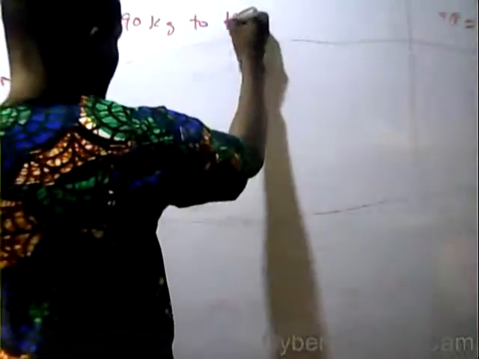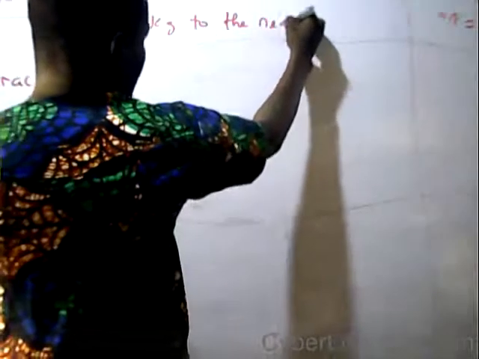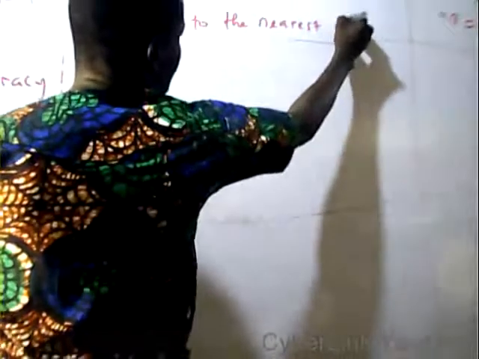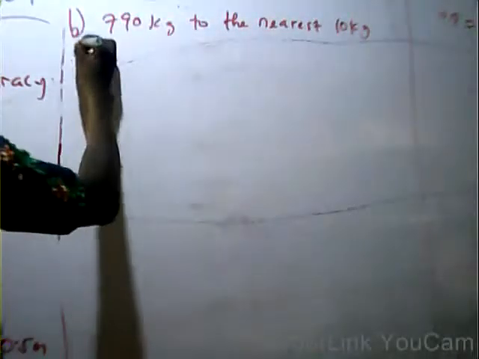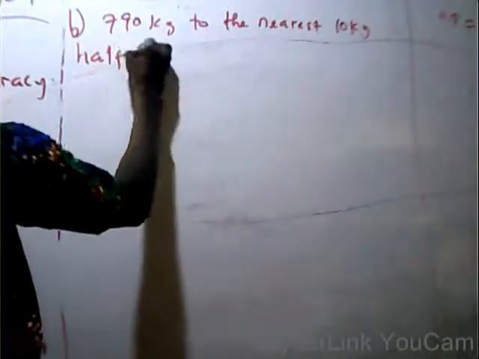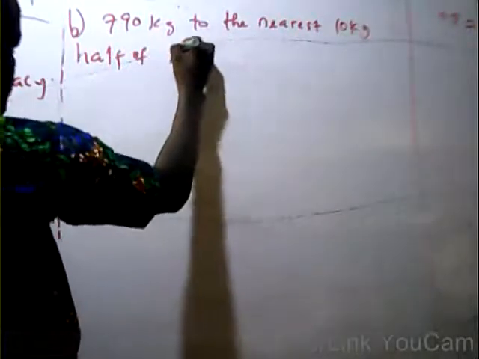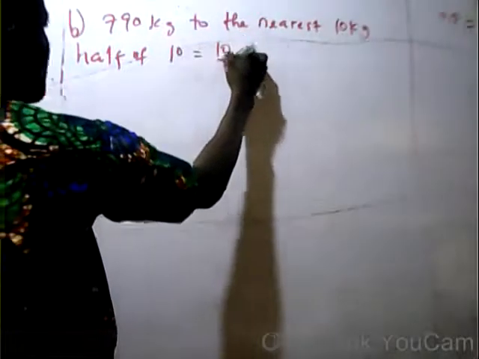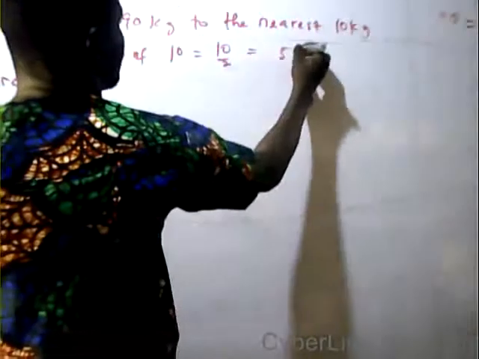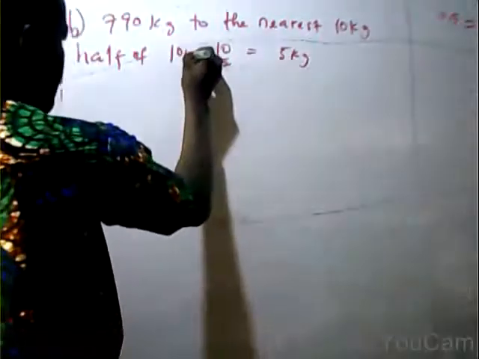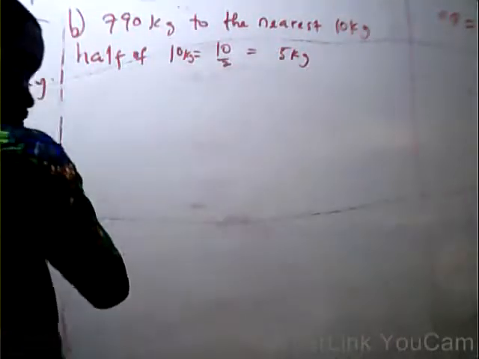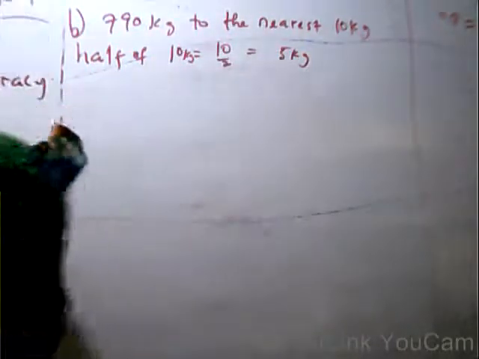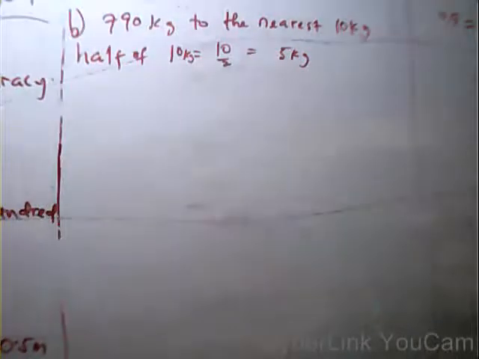To the nearest 10 kilogram. So half of 10 is what? Half of 10 kilogram is equal to 10 over 2, which is 5 kilogram, right? 5 kilogram. So which means the limit here should be between what?